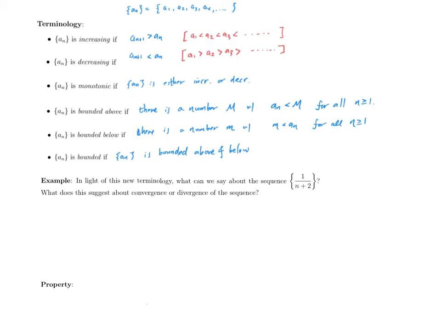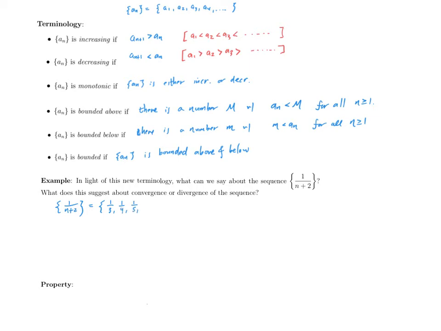So now that we have this terminology, let's go ahead and apply it to a nice concrete sequence. For this sequence 1 over n plus 2, recall this is a list of numbers with a definitive order. When n is 1, we have 1/3. When n is 2, we have 1/4.